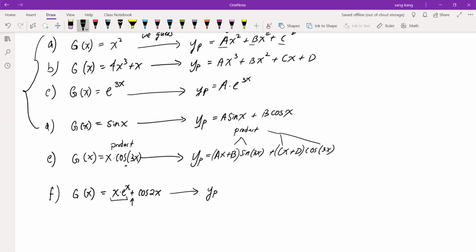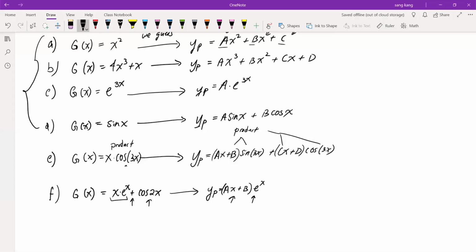So we're going to look at the first term first, which is the product. We have ax plus b times e to the x. That would have been our trial for e to the x, and this is our trial for x, and we multiply those. And then now we look at this second term separately.